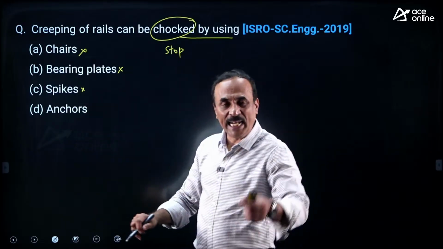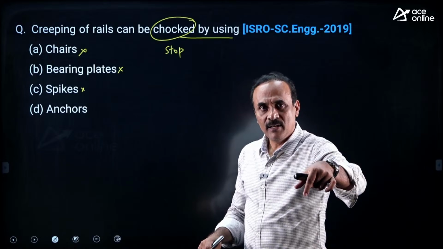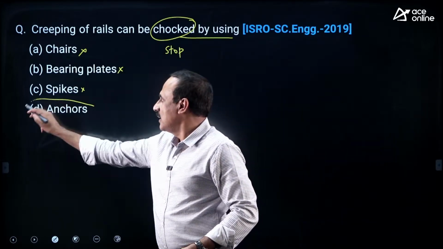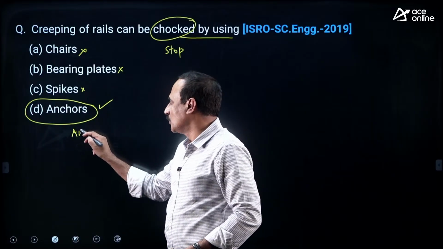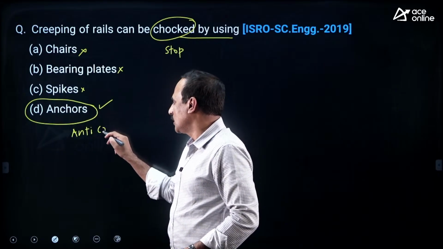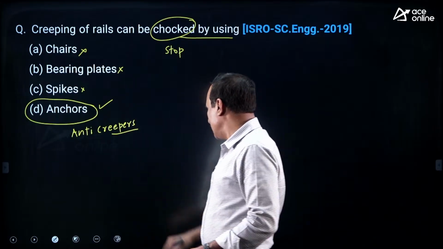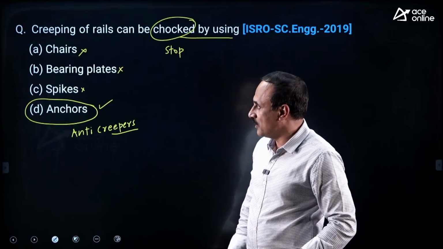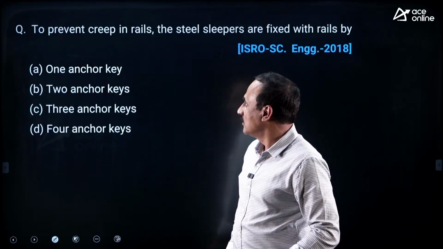Spikes are the connection between the sleeper and the rail or bearing plate. Anchors, nothing but anti-creepers, are used to stop the creeping of the rails. So, answer is Vicky, Kaushal. Answer is option D.